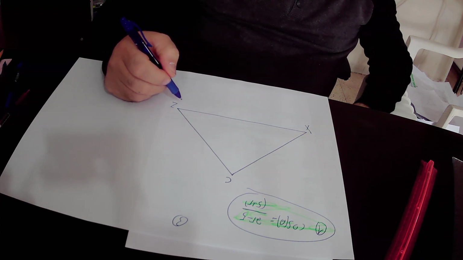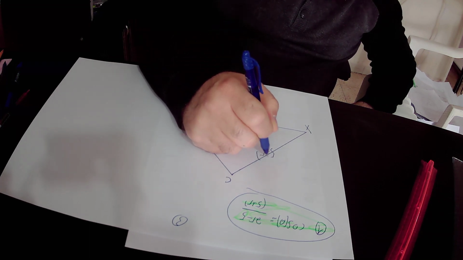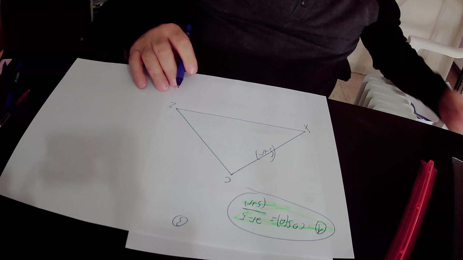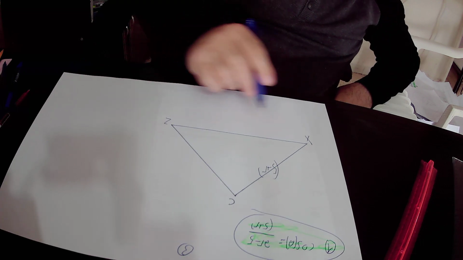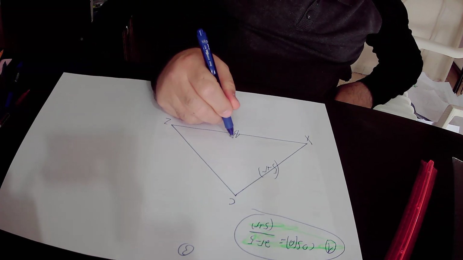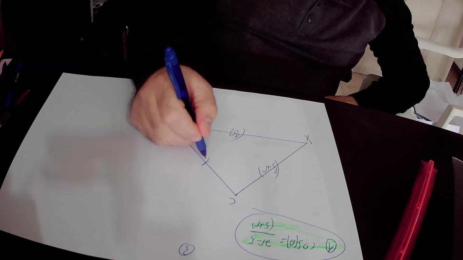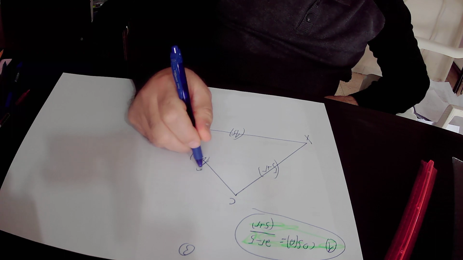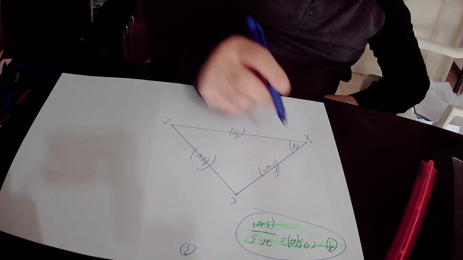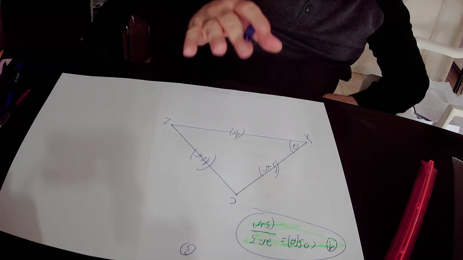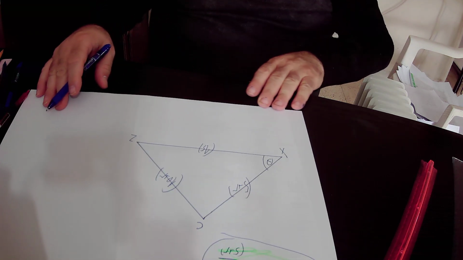We have already found out that XC equals 5 plus r, and we also found out that XZ equals 15 units, and CZ equals 10 plus r, and this is angle theta, of course. So we will implement the law of cosines in this triangle, triangle CXZ. This will be equation number 2.